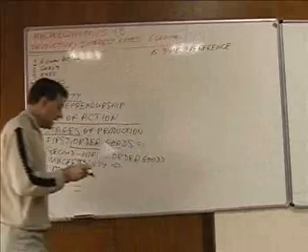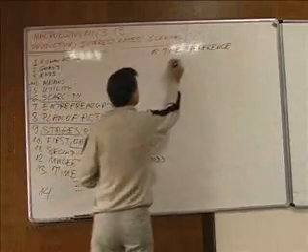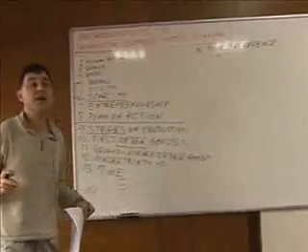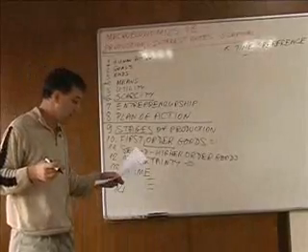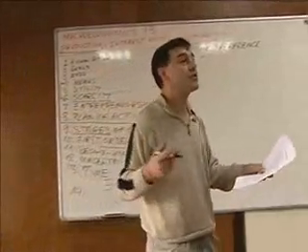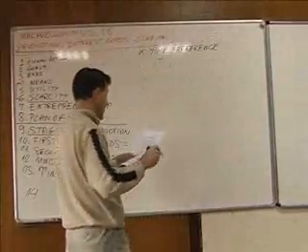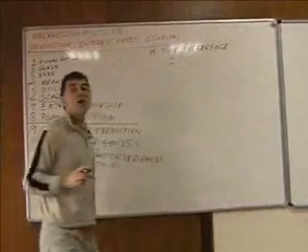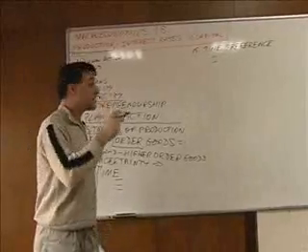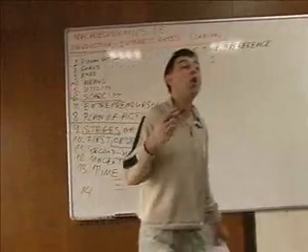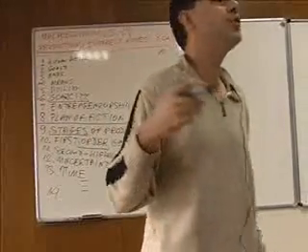Time preference also has a number of dimensions that I can clarify. Number one, they prefer to satisfy their needs sooner than later. That's the one I clarified. The next concept is that present goods are always preferred to future goods.